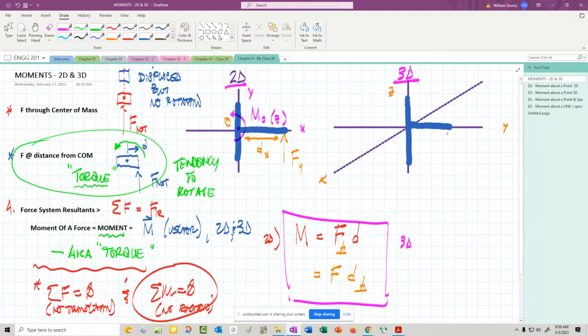If I have this force here in the negative x direction, and d is the distance along that arm, it would be trying to create a moment about the z axis. And that would be the moment of O, in the z direction.